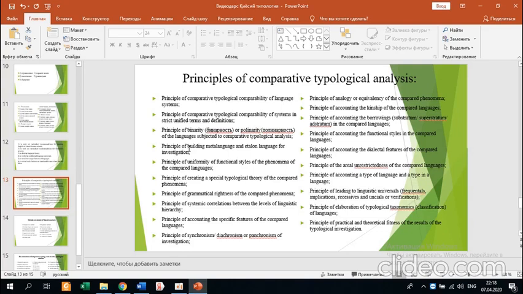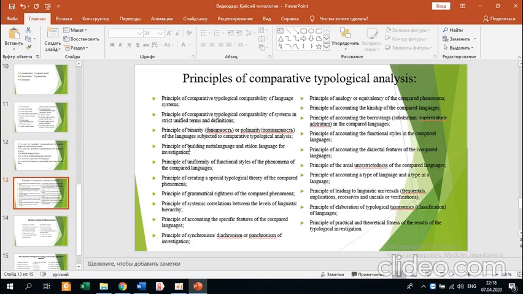So, the above-mentioned principles of comparative typological analysis are very effective and reliable because they are well-tested and proven in our analysis of the composite sentences of modern English, Uzbek, and Russian.